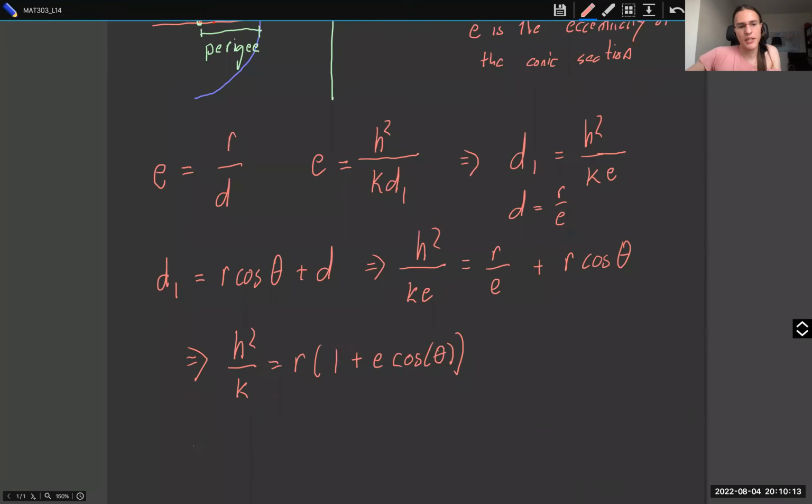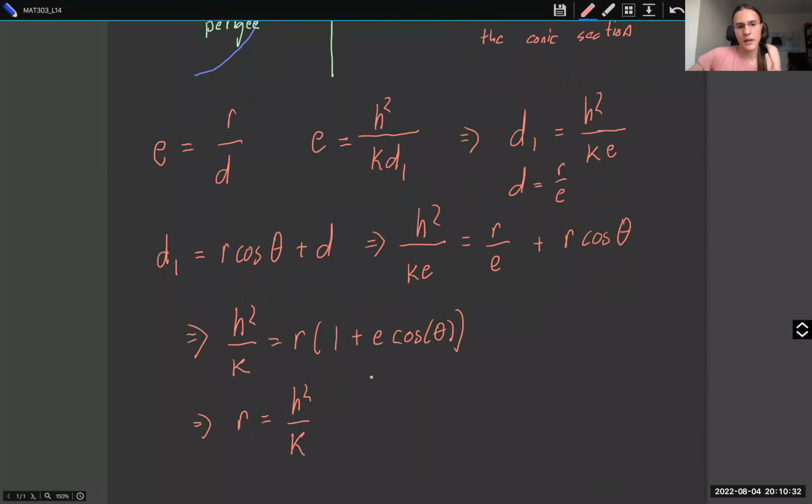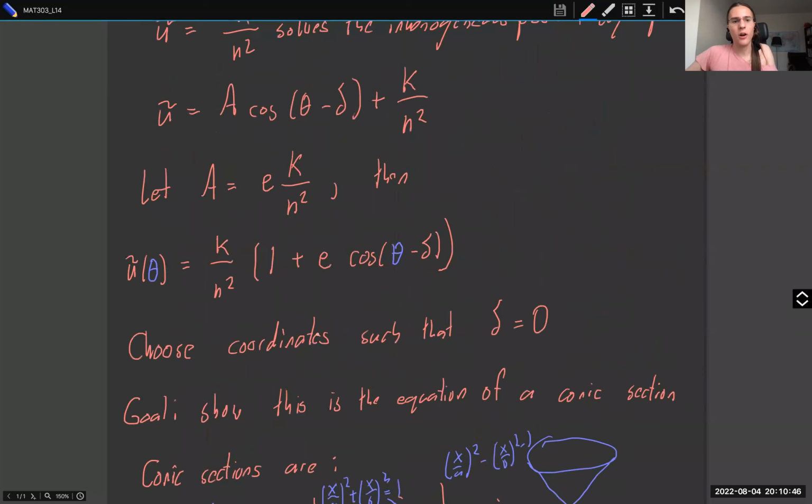And rearranging that, we get that r is equal to h squared over k. This is a capital K. I didn't draw it as a very capital K in all of these instances. It looked capital here, but then here it stopped looking capital. Well, I guess 1 over 1 plus e cos theta. And that was the equation that we saw.